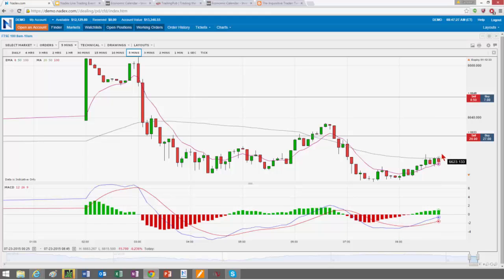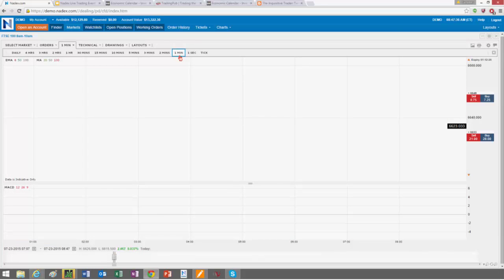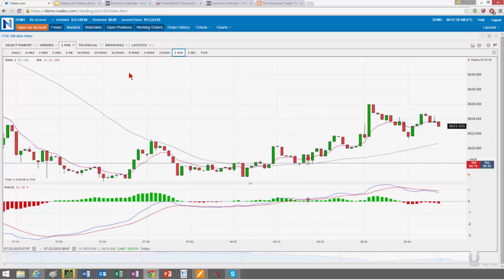Crossed over, riding above the T line. Will it break through the 50 moving average? I still have plenty of time in this one. I do this across multiple time frames just to get a feel for the pulse of the market.